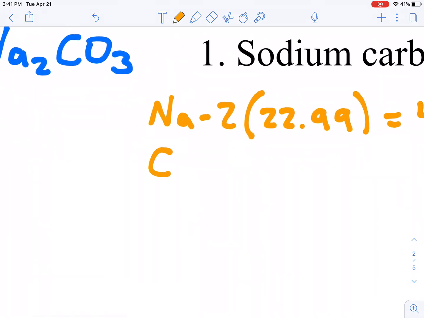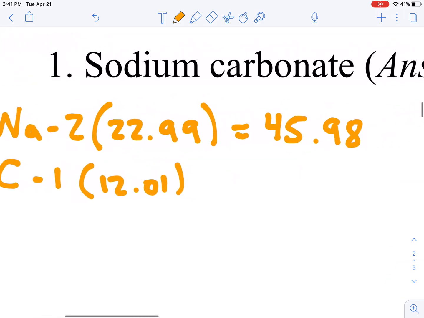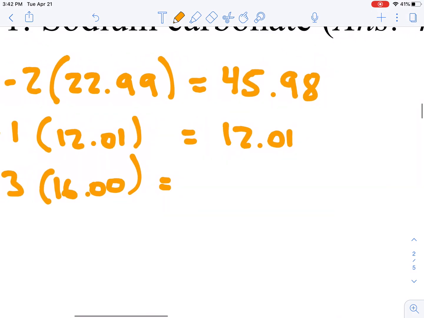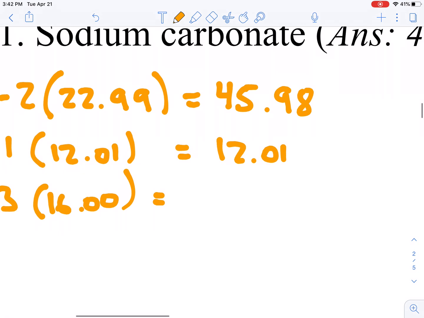There's also carbon. We have one carbon weighing in at 12.01. 1 times 12.01 is simply 12.01. And we have 3 oxygens. Each one of those weighs in at 16.00 grams per mole. So that gives us 48.00 once we multiply times our 3 oxygens.